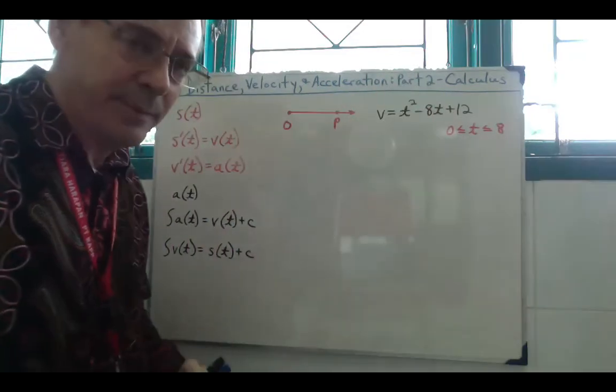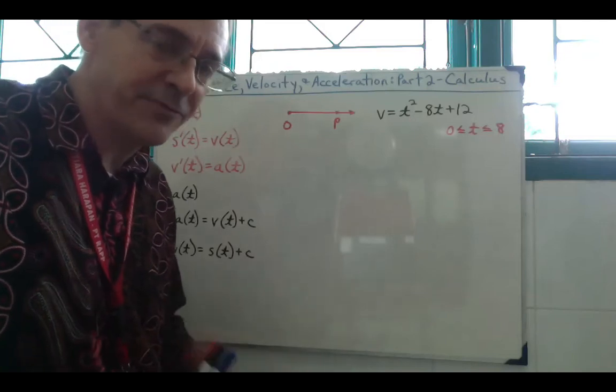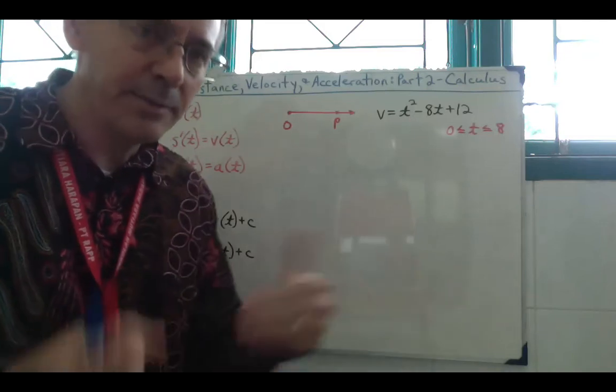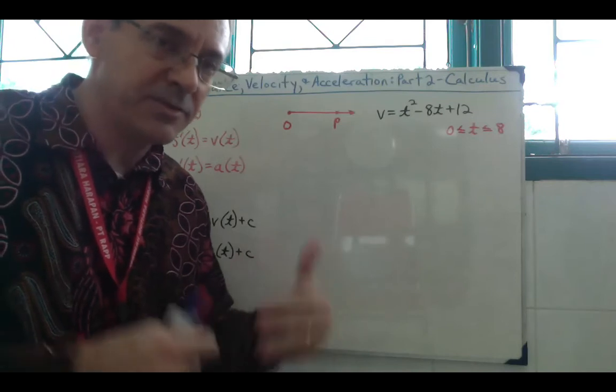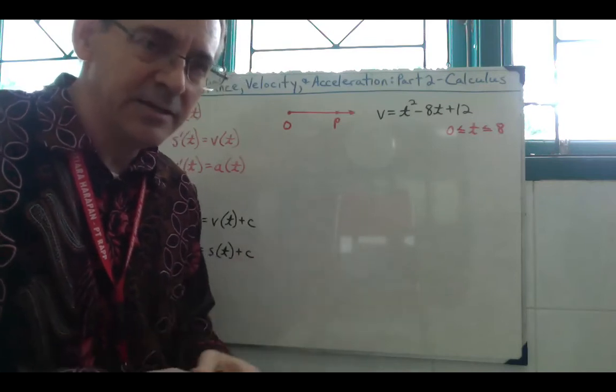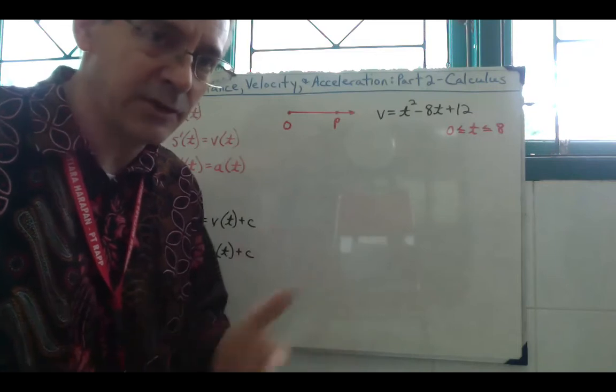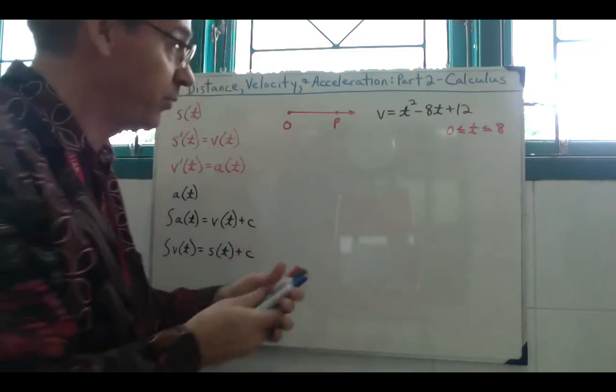Well, let's start by finding our minimum velocity. So again, minimum and maximum means, especially in using calculus, the first derivative set equal to 0. You're finding your stationary points.